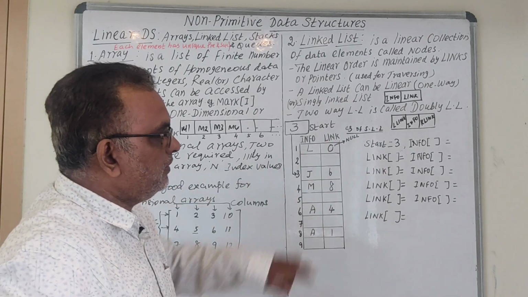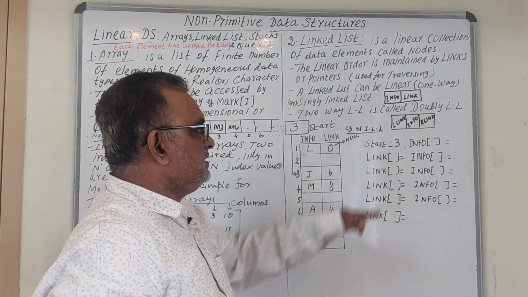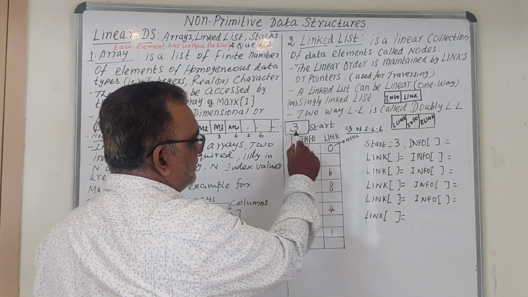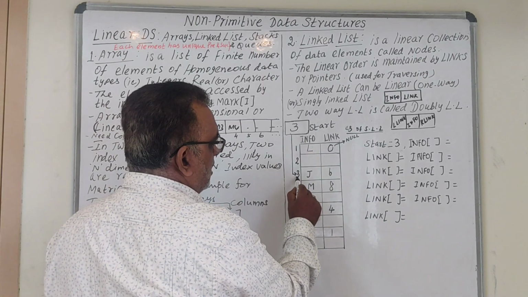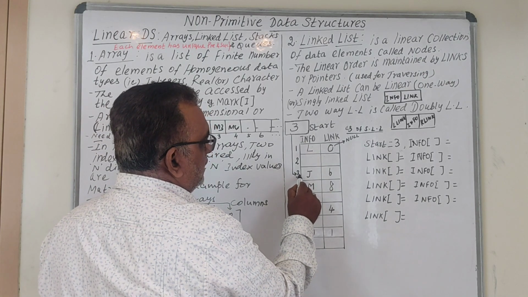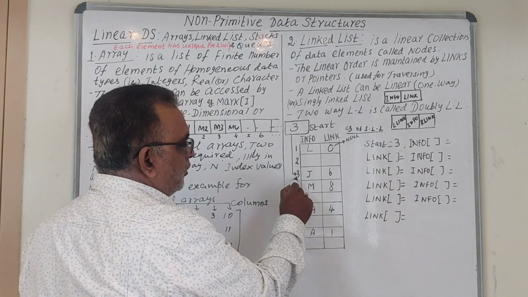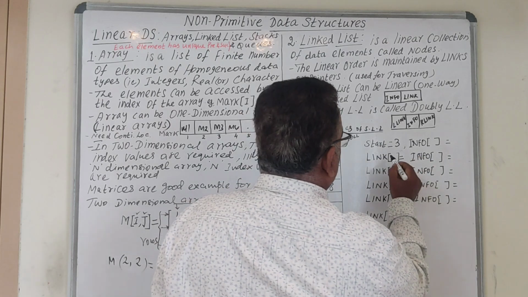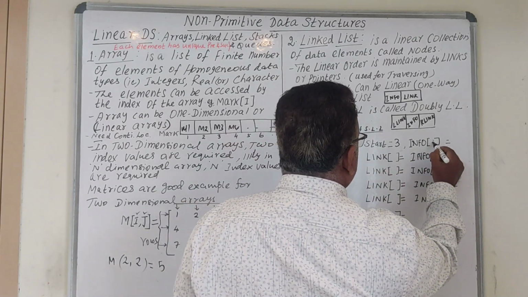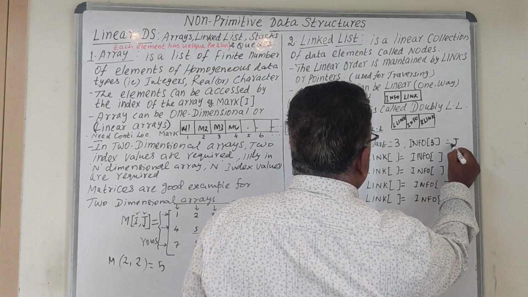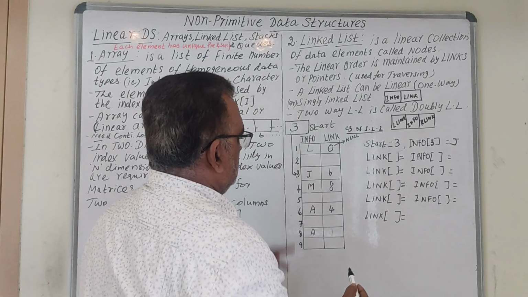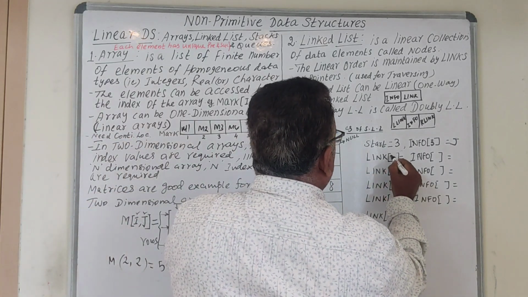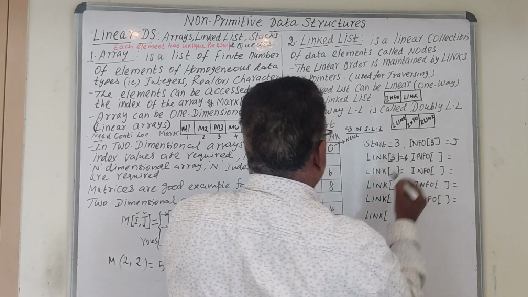A sample example of the singly linked list is given here. We have the starting address, that is 3. So it starts at location 3. The information contained in location 3 is nothing but J. Then the link part of 3 contains the value 6.